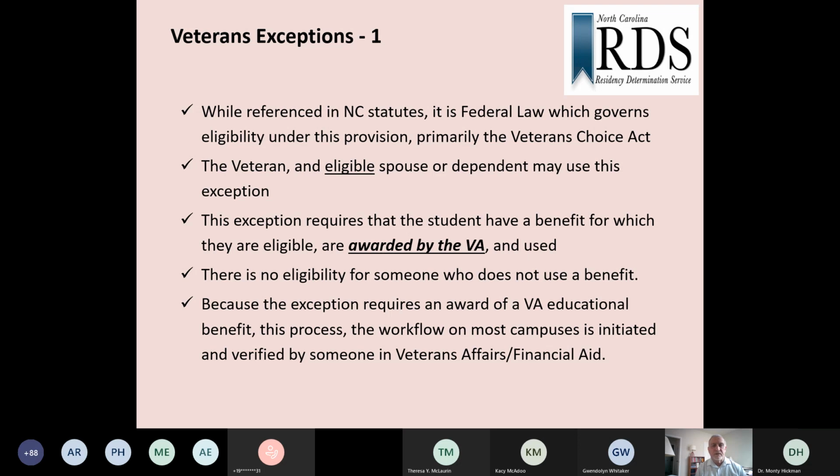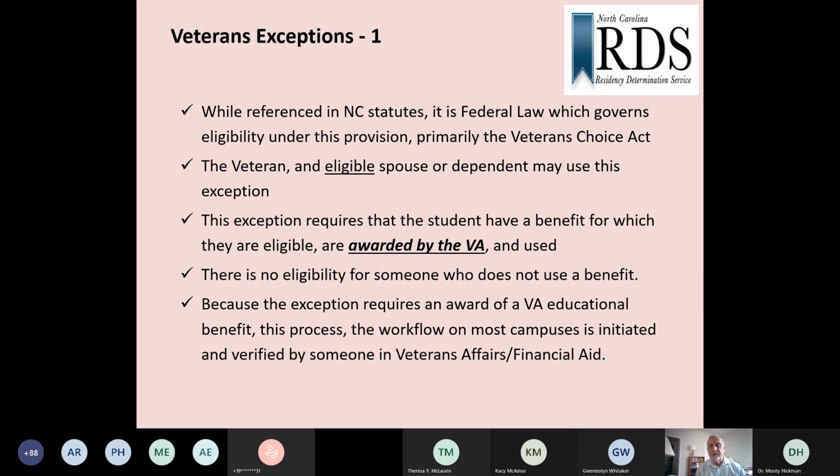So a veteran, eligible spouse, or dependent may use this, okay? And eligibility here means they were assigned a benefit; if it's a spouse or dependent, they have it, it's awarded, and they're using it. So this exception in some ways is easier because it's always triggered by an award, okay?